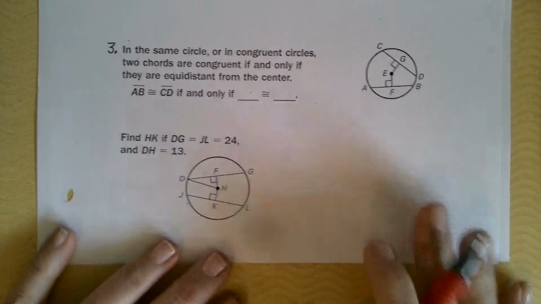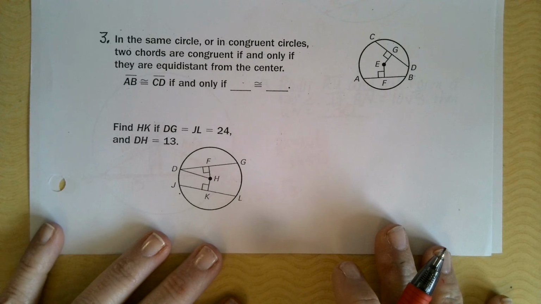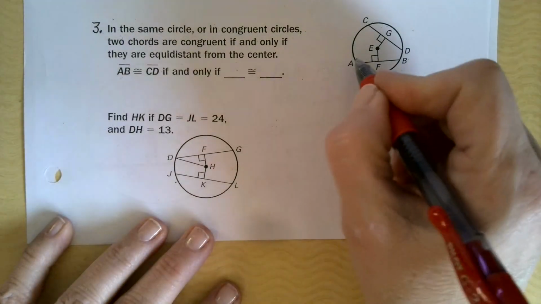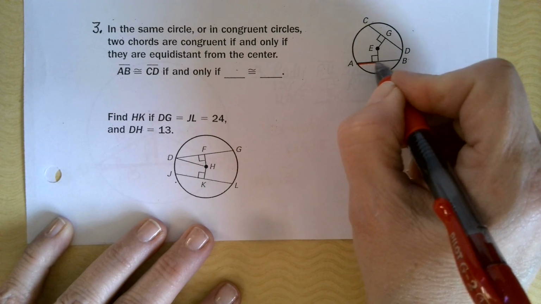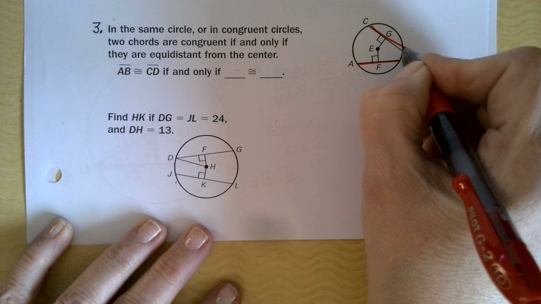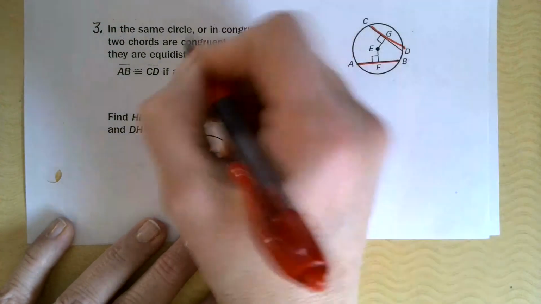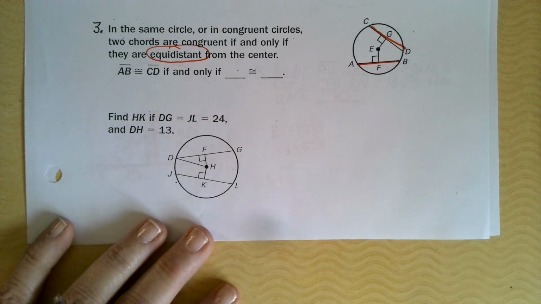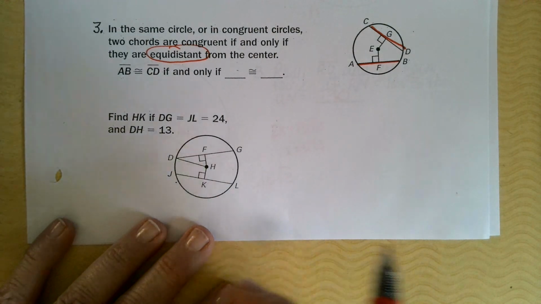The third one says in the same circle or congruent circles, two chords are congruent if and only if they are equidistant from the center. So let's talk about that word. What does it sound like? Equidistant, equal distances.